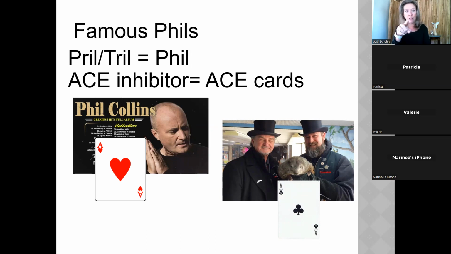Who is a famous Phil that you'll remember? The first Phil that popped into my mind was Phil Collins. Maybe you love Groundhog Day and Punxsutawney Phil. That's the other picture there, the groundhog. The groundhog, Punxsutawney Phil. So pril, Phil, and think of them holding an ace, the card, the ace.